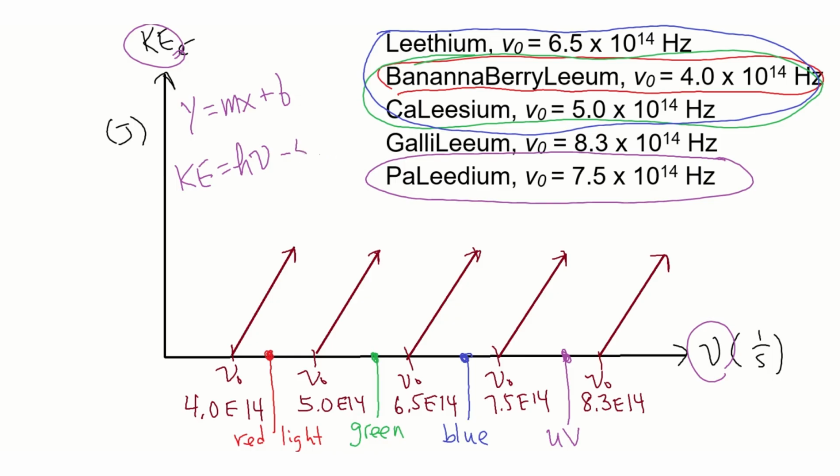And there is our y-intercept for palladium. And there is our slope-intercept form for palladium, or at least all values of x, or frequency, that is greater than or equal to the threshold frequency of palladium.